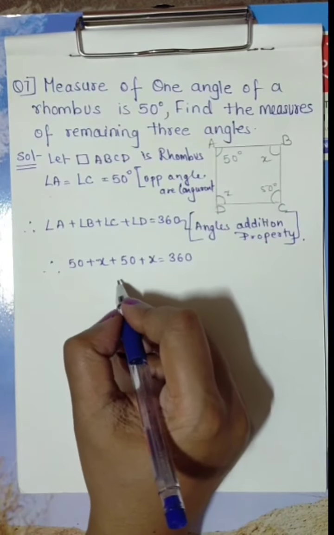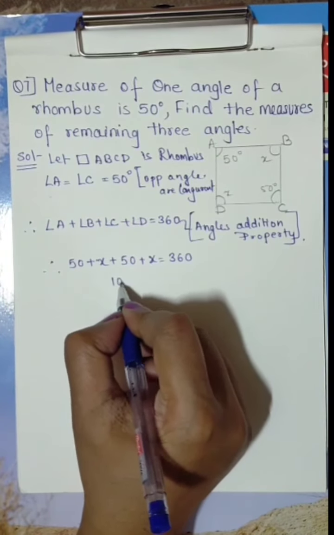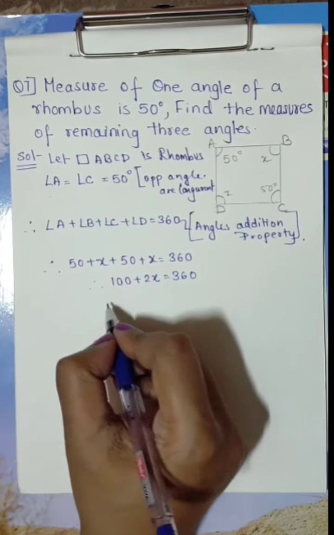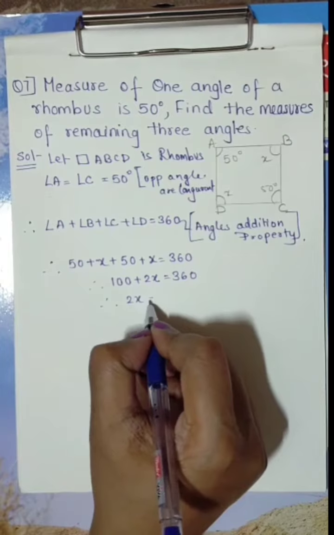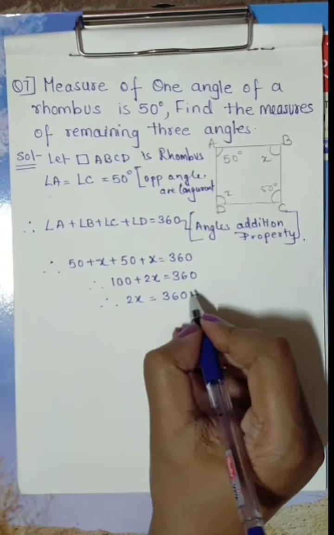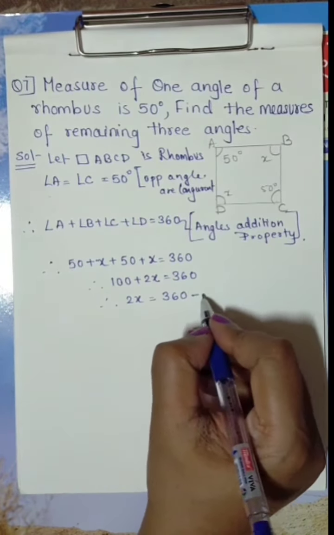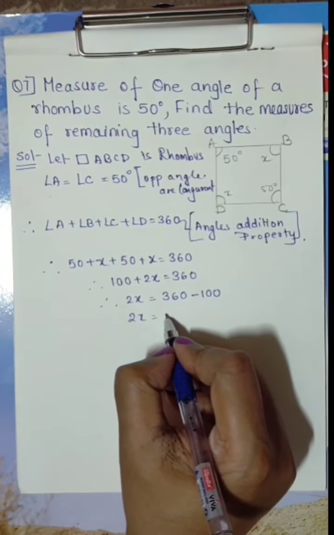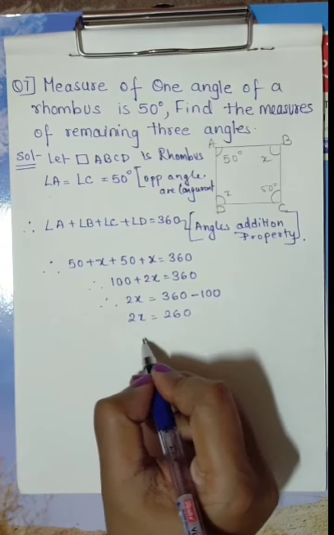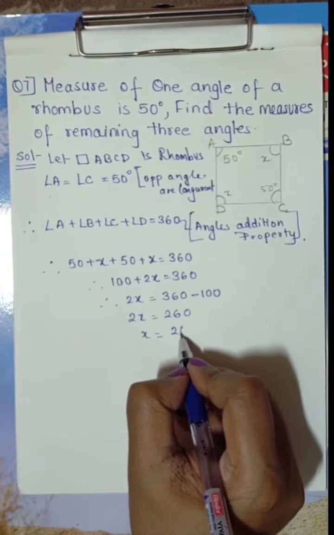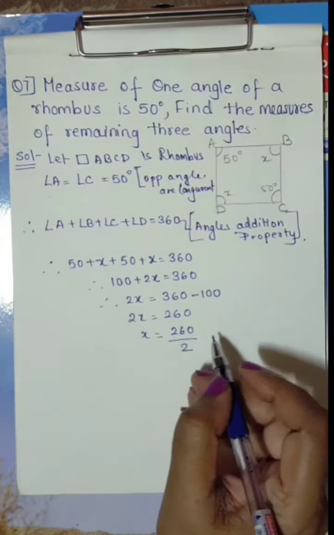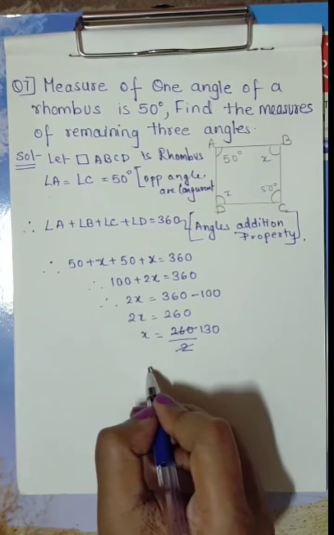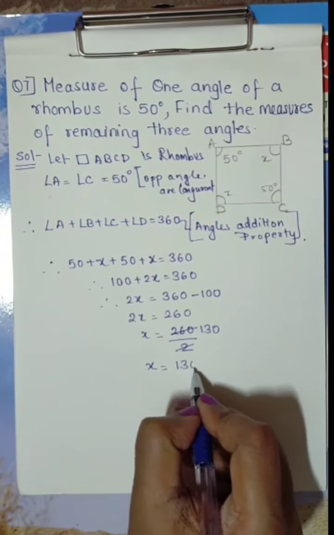Now this both will become 100 plus 2x is equal to 360. Therefore 2x is equal to 360 minus 100, 2x is equal to 260. x is equal to 260 upon 2, which gives 130. x is equal to 130 degree.